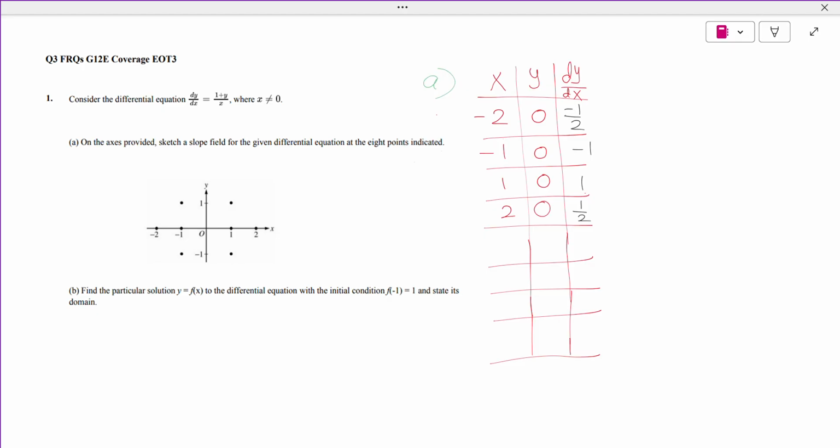So let's discuss those 4 points. Negative half is this, right? So here, dy over dx equals negative half. Now, if you move to the second point, it should not be parallel to the previous segment. It should have a different slope. The slope is negative 1. So this is how it should look, where the slope is equal to negative 1. You don't need to write the value of the slope at each segment.